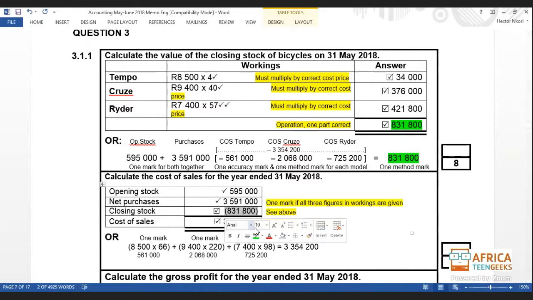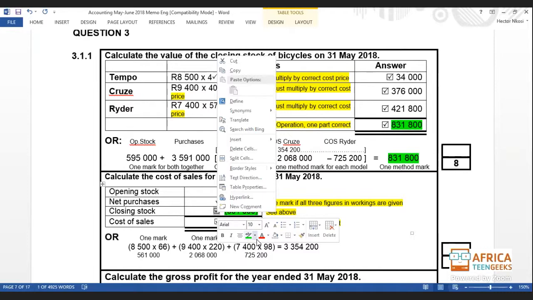The value of the closing stock is the one that you got from the previous question, right? I just need to highlight it in green to show you that this is the one that you got in number 1. Then your opening stock was 595,000. It was given also. Net purchases were also given. This one is always going to get a carried forward mark, a mark with a circle.